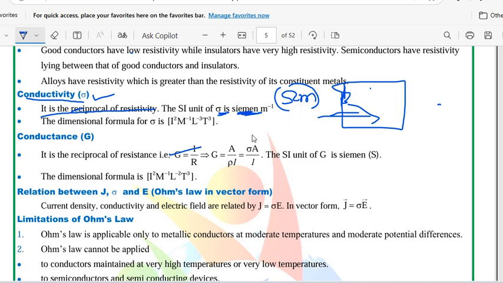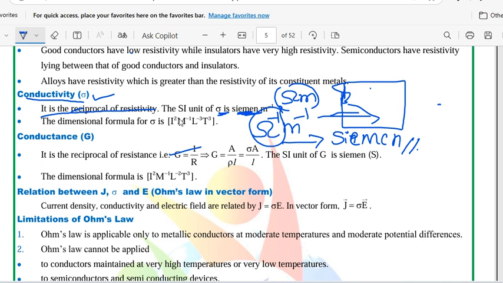But the SI unit of conductivity is per ohm per meter, and per ohm can also be said as Siemens. The reciprocal of the resistivity is called conductivity.